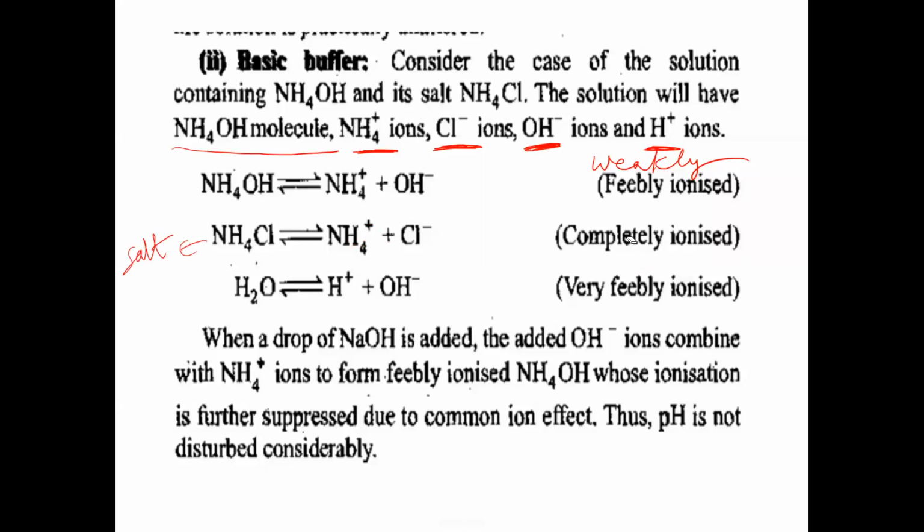Weak base is a weak electrolyte, salt is a strong electrolyte, and water is a very weak electrolyte. It will dissociate into H plus and OH minus, very feebly ionized. All three equilibria will be present in a basic buffer.